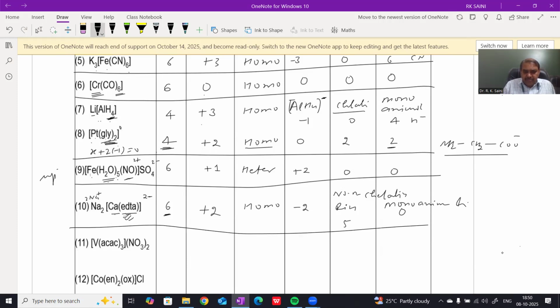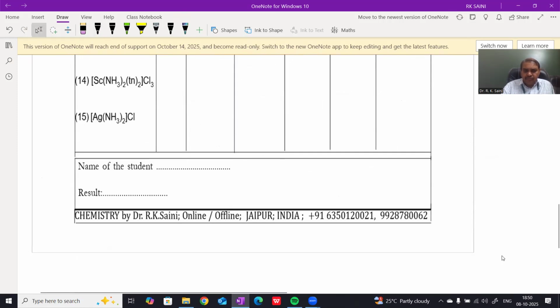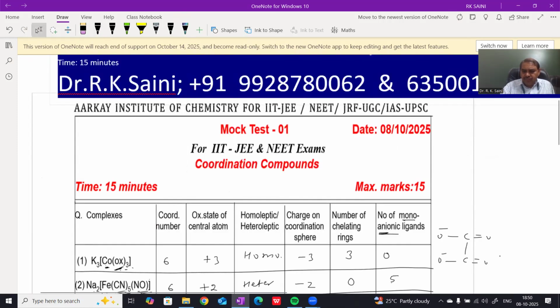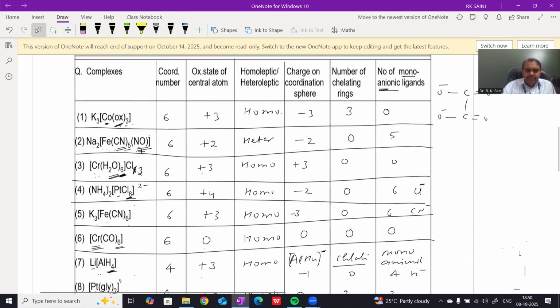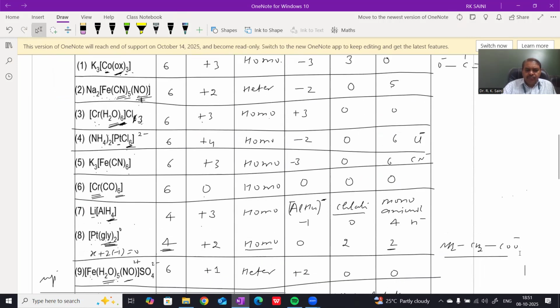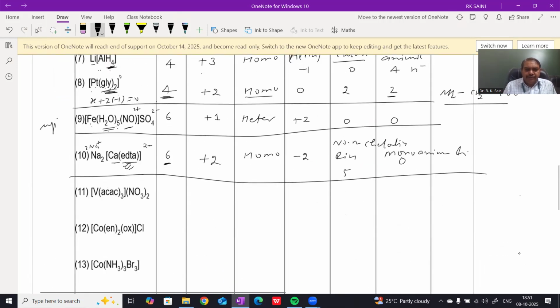Next question, 11. Important. ACAC, acetylacetonato, is a ligand in this complex and its structure is as follows.